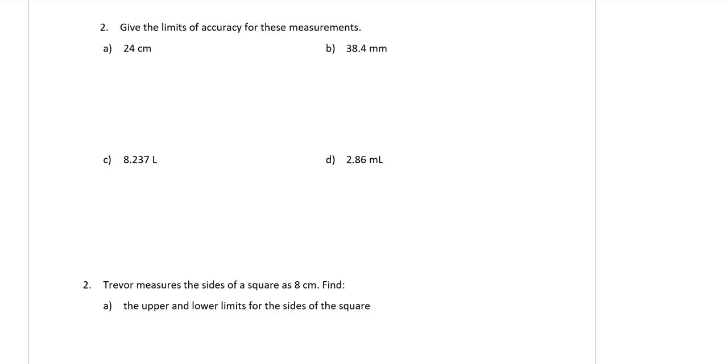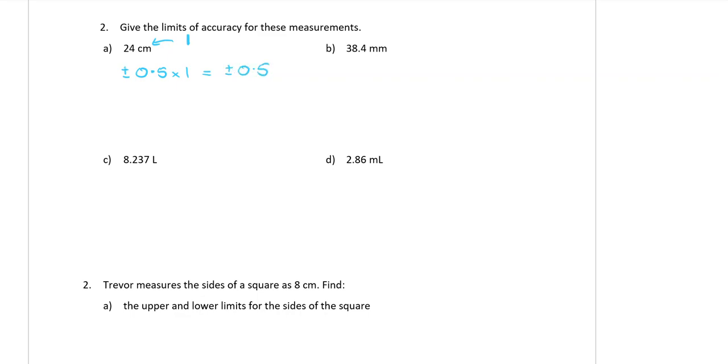So for 24 centimetres, what has been measured here is to the nearest 1 centimetre. So using the formula would be plus or minus 0.5 times 1. 0.5 times 1 is plus or minus 0.5.